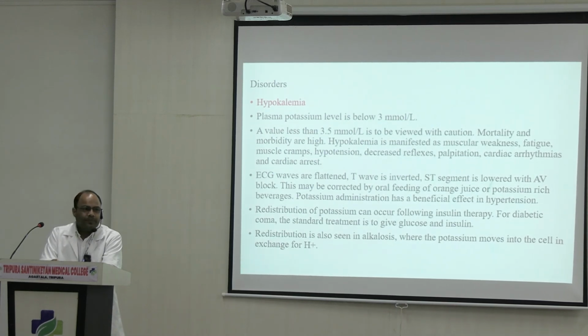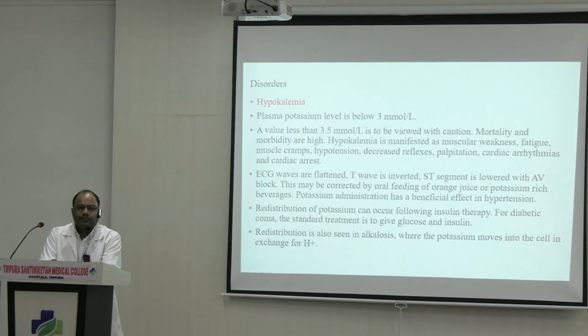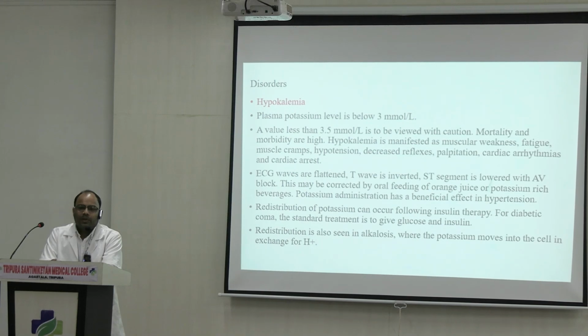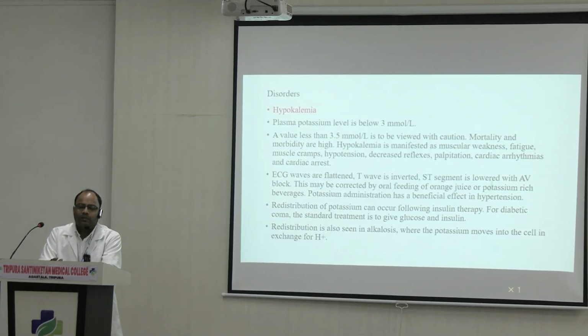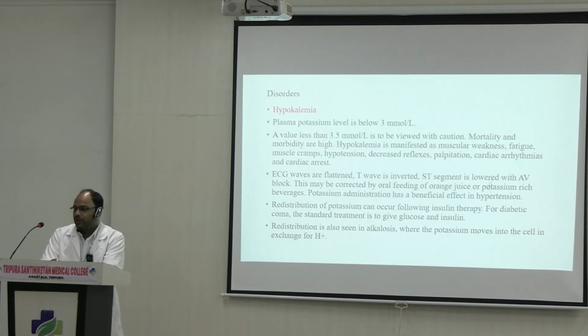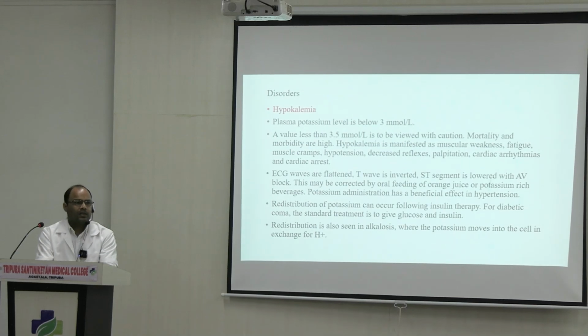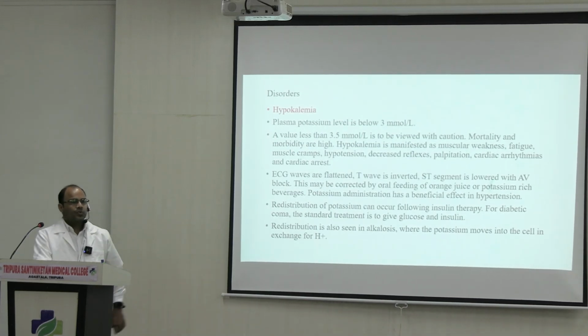When he came to me, I suggested an electrolyte test, sodium, potassium. The potassium value was very less, 2 milliequivalent per liter. By this way, you can suspect hypokalemia. Then I suggested he take coconut water, fruits.